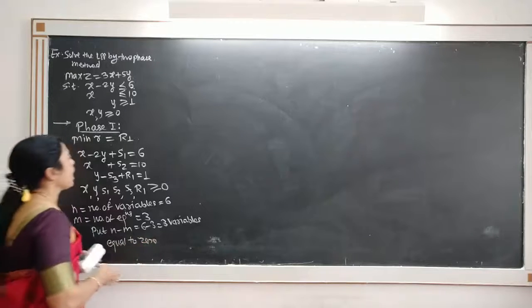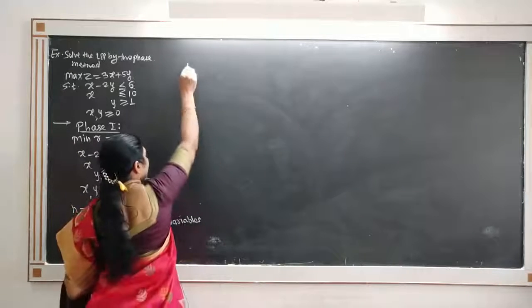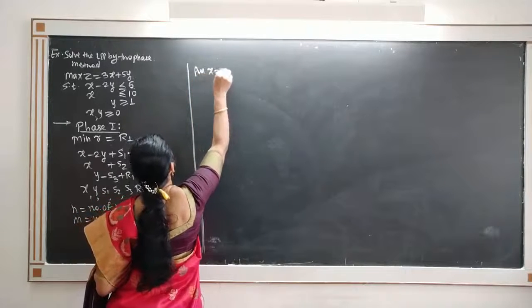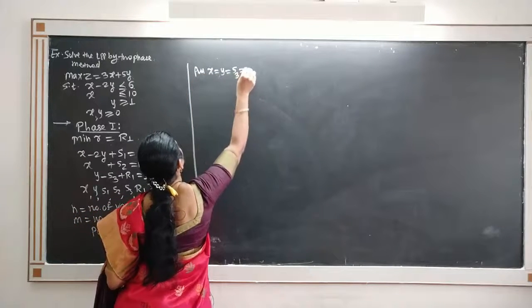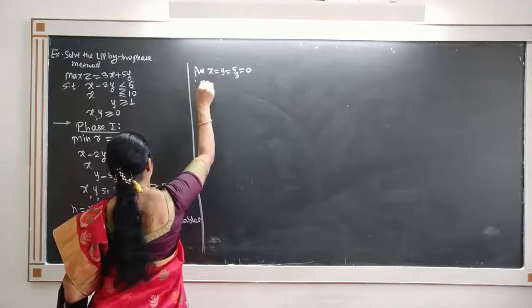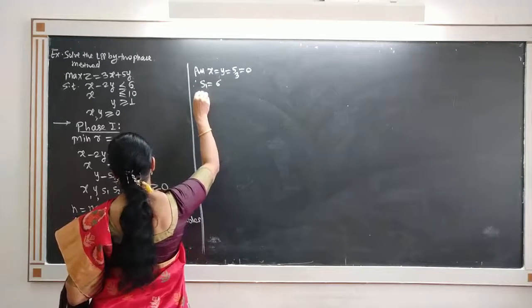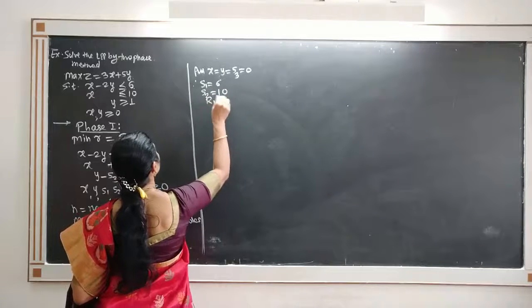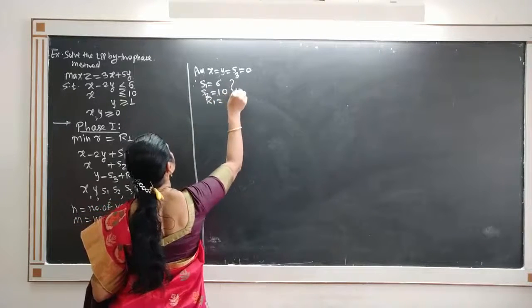So we put x, y and s3 equal to 0. We get basic solution s1 is equal to 6, s2 is equal to 10 and r1 is equal to 1. This is basic solution.